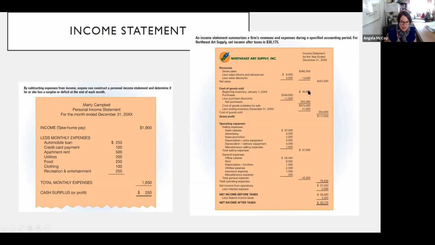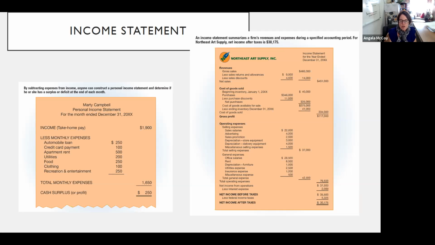So that's what you're looking at right there. It then went on to purchase merchandise that was valued at $346,000. And then it deducted its discounts off of that. So it actually only paid $335,000 for its purchases.